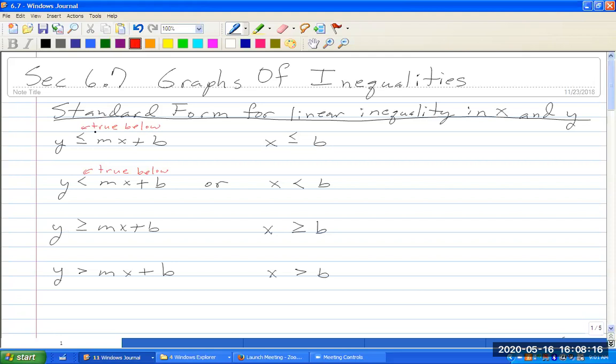If it is less than, it is true below; greater than, true above. If it is an x, there's no above or below, but there is right and left. So less than is true to the left, and greater than will be true to the right.